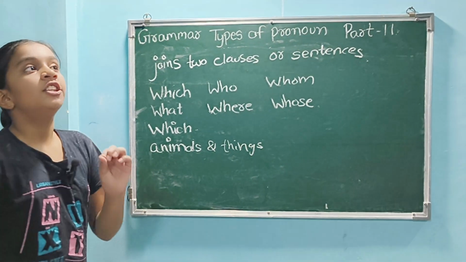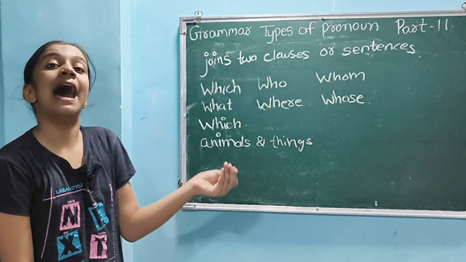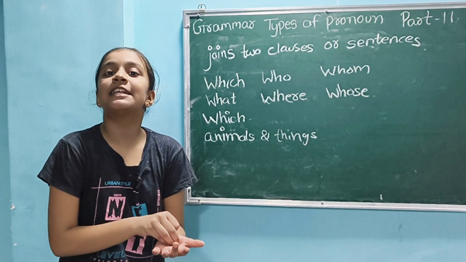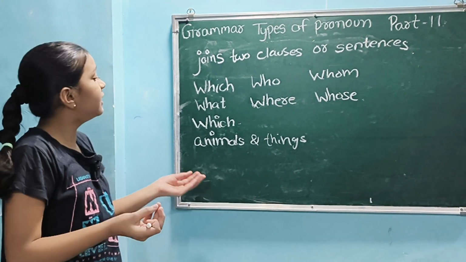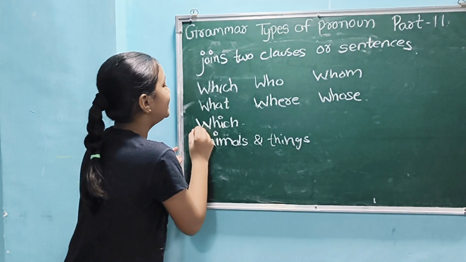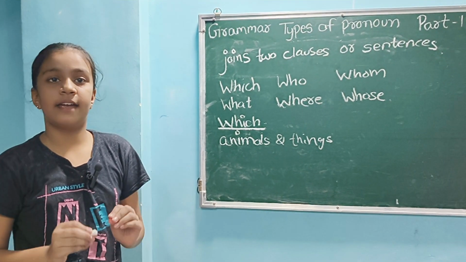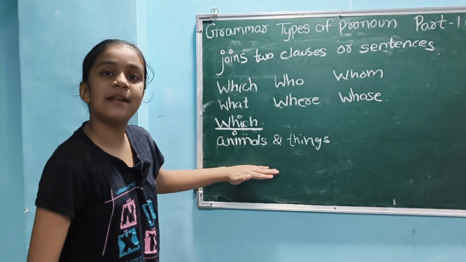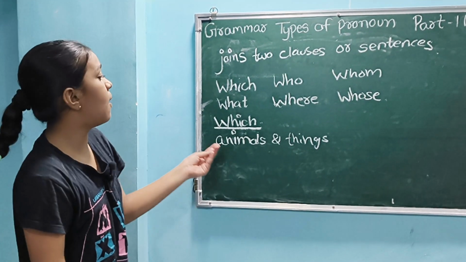For example, this is the book which I have brought yesterday. Means here I am using which to represent a book, to talk about a book. So that's why I have used the word which. So I can represent animals and things both with which.